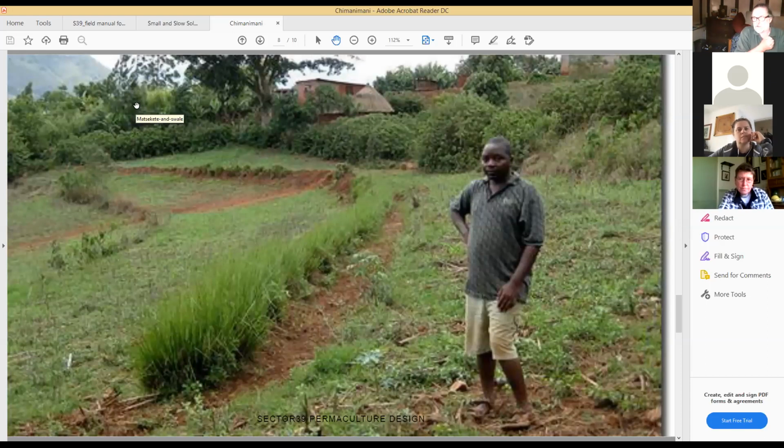Think about how they work with edges, how they work with diversity, how they work with microclimate, how they're working with this idea of catching and storing energy, slowing down the passage of resources as they travel through a landscape. We've used elements that perform multiple functions, and we've supported the function of soil building and the function of water retention with multiple elements.